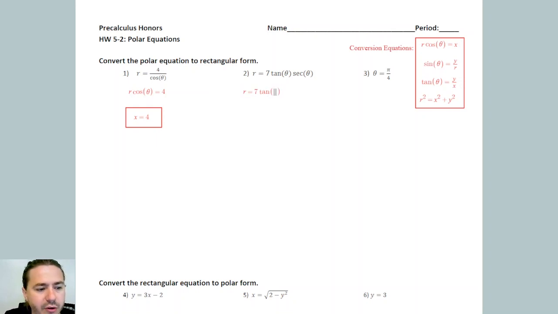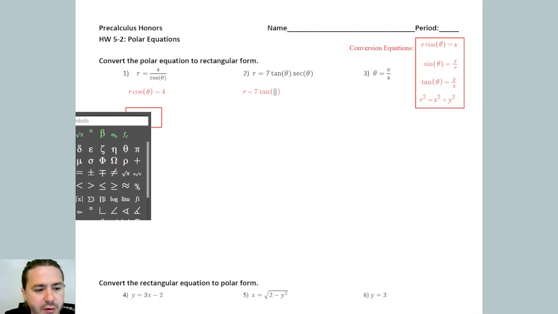So first things first, I'm going to rewrite this equation using 1 over cosine theta rather than secant theta. So if I multiply both sides by cosine theta, that will result in r cosine theta equals 7 times tangent theta.